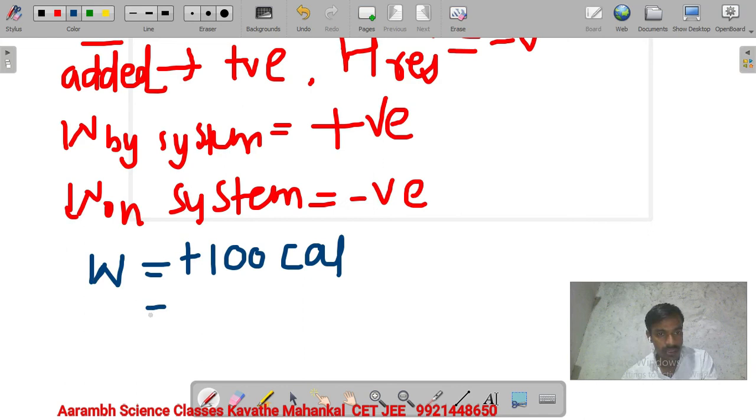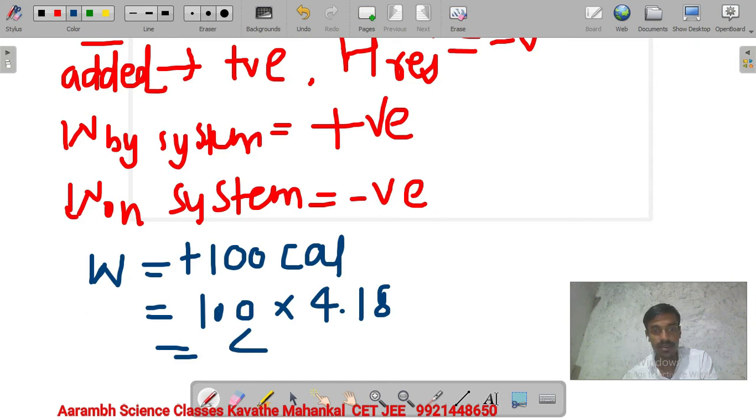You can convert the calorie into joule. One calorie is 4.18 joule, so 100 calorie into 4.18, and we get the total value as 418 joule. This value is positive for the above equation.